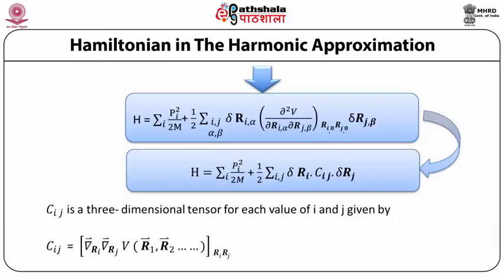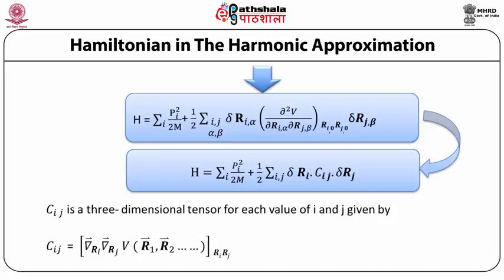As you can see from here, H is equal to, again, the sum over all the ions pi square by 2m, which is the kinetic energy, plus half of summation over i comma j, delta Ri dot, and be careful about this, dot Cij dot delta Rj. So I have written this in a very compact form, taking into account not only i and j, but also alpha, that is all the three axes, x, y and z. It is contained in this.